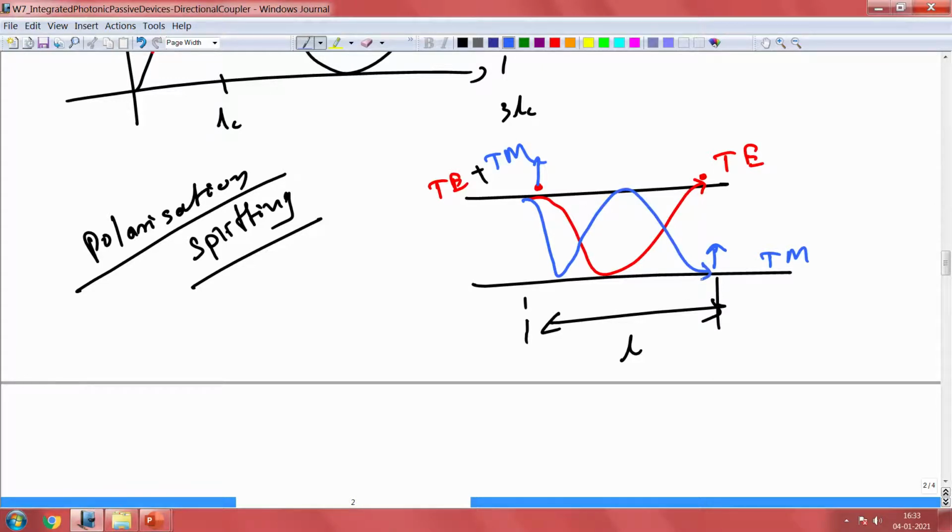So, now we can split the polarization, right. Now it is rather easy to draw it like this, but why TE has longer beat length compared to TM? That is because of the effective index or propagation constant of this.